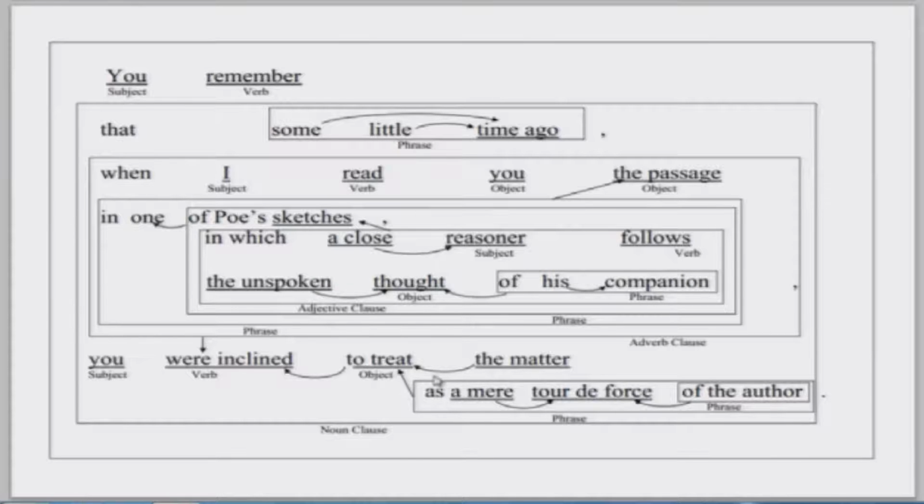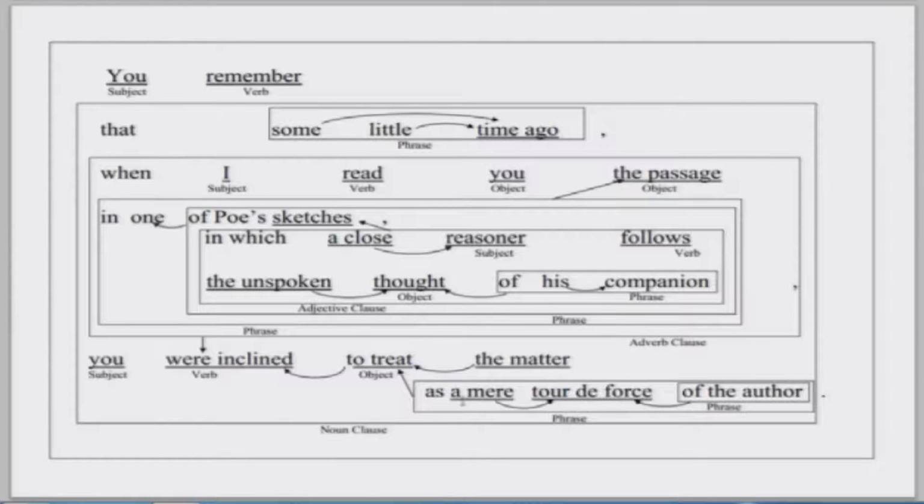So, this is the clause in which this also is there, some little time ago. So, the noun clause here, which is the thing remembered, is that some little time ago you were inclined to treat the matter as a mere tour de force of the author.